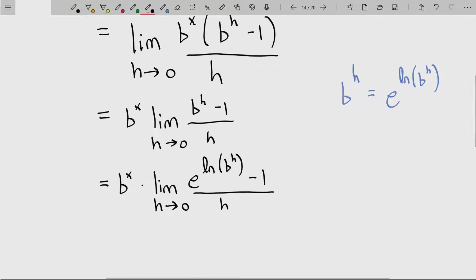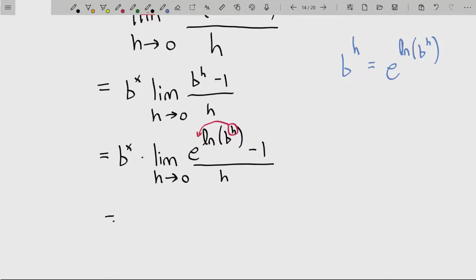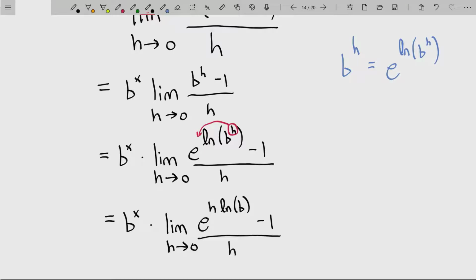And of course, you could use properties of exponents to pull that h out front, so I will. That's b to the x times the limit as h goes to 0 of e to the h times the natural log of b, minus 1, all over h.